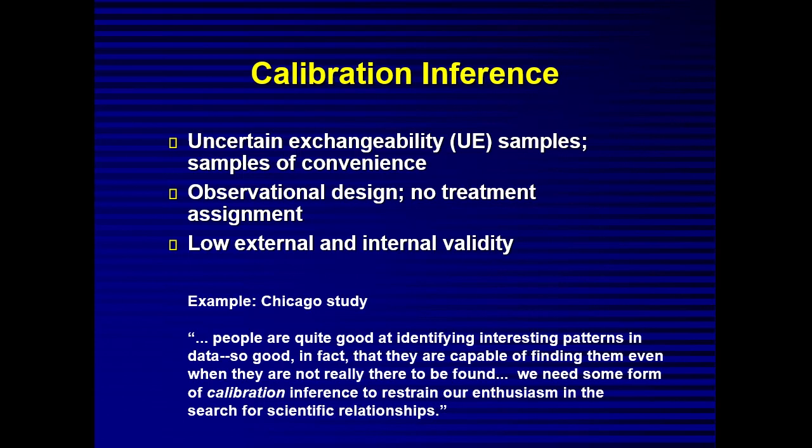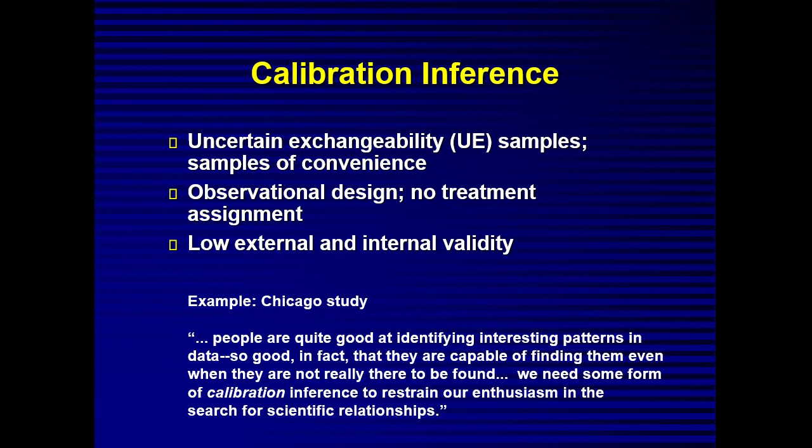So in essence, we can think of that this way. Do I have a sample in which I really could change out people from the sample and the population and still have the same characteristics in my sample? That's what we mean by exchangeability.